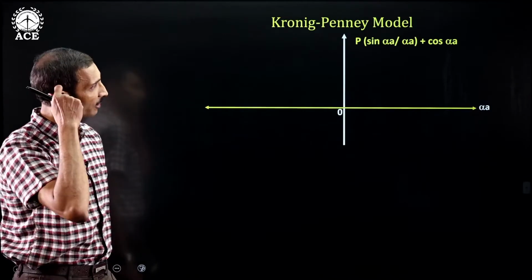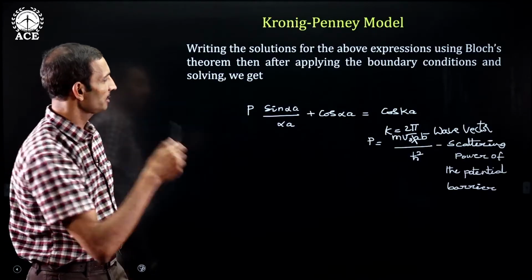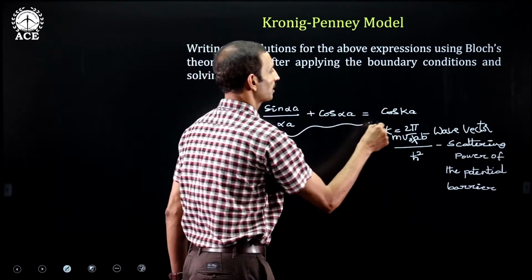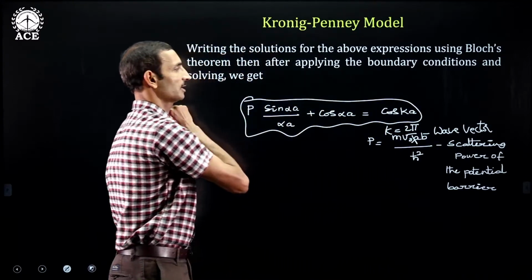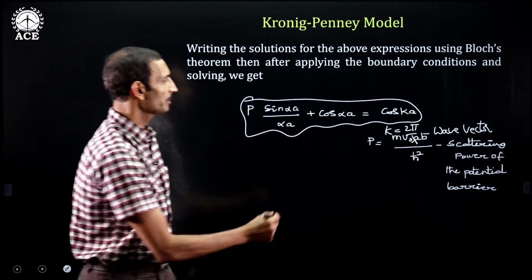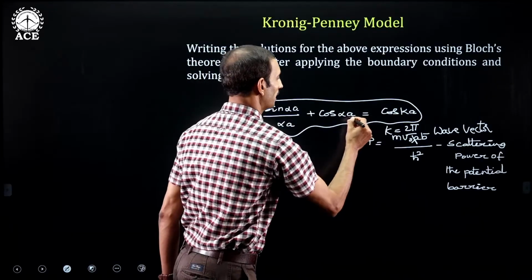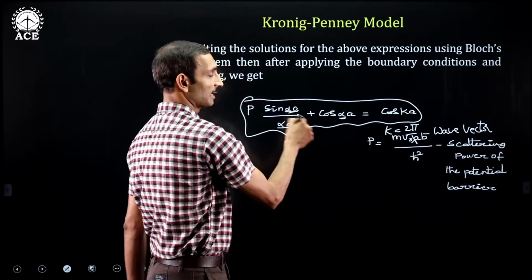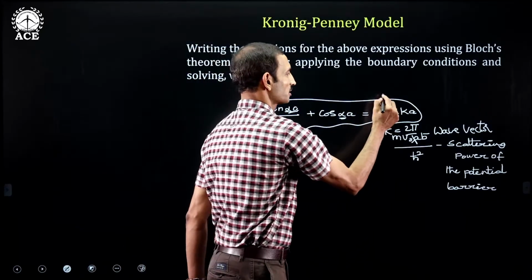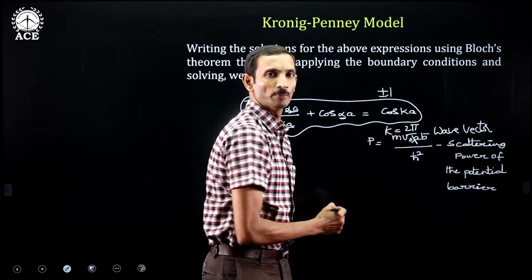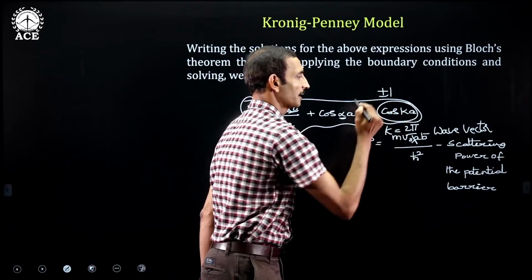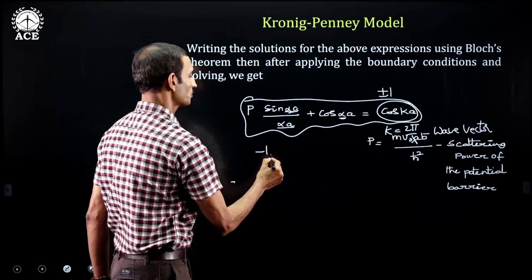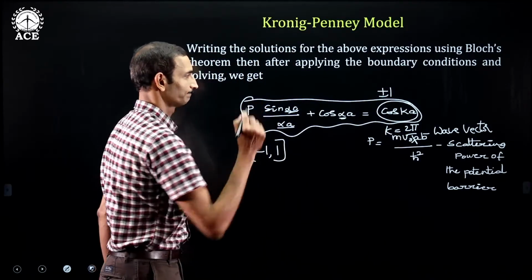Now if we have an equation like this, see what that is: P sin alpha a by alpha a plus cos alpha a is equal to cos Ka. Whatever values we give for alpha a, on this side, the LHS should not cross plus or minus 1, because the range of cos Ka is between minus 1 and plus 1 only, right?